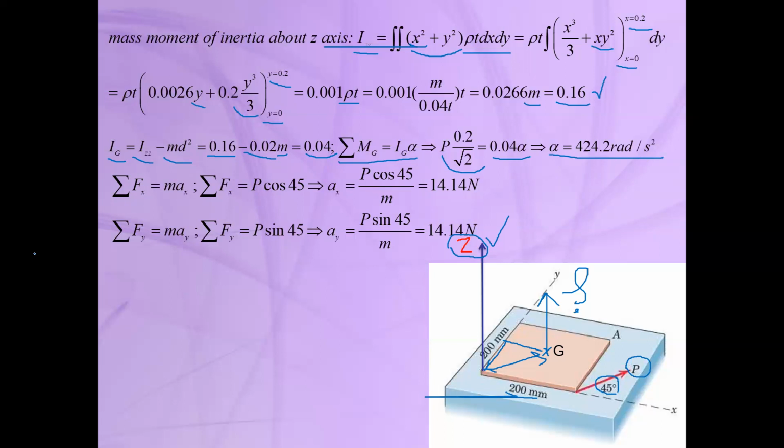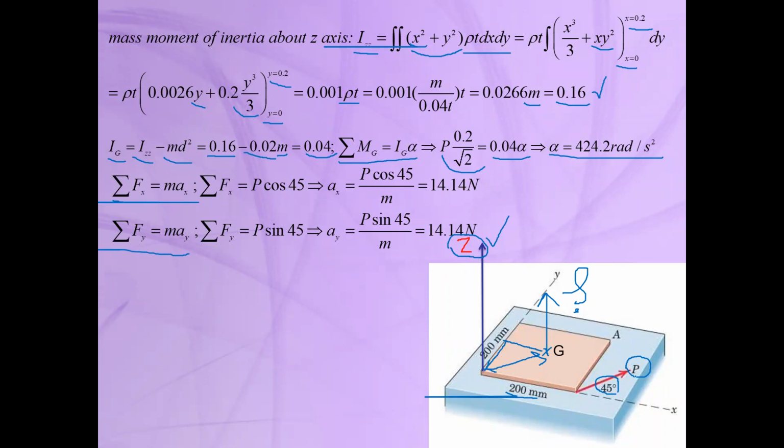The next step, we need to write the force equation in x direction and in y direction. If you write the force equation in x direction, we will have a summation of the force in x direction is equal to m times ax, and in the x direction we only have P times cosine 45. And in y direction again the summation of the force must be equal to the mass times the acceleration in y direction.